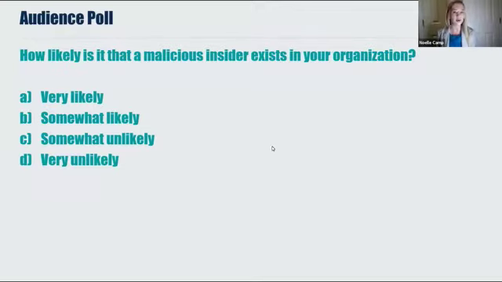But how likely do you believe it is that a malicious insider exists within your own organization right now? Give it a few more seconds for people to vote.